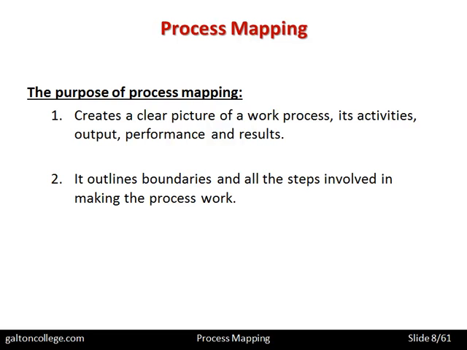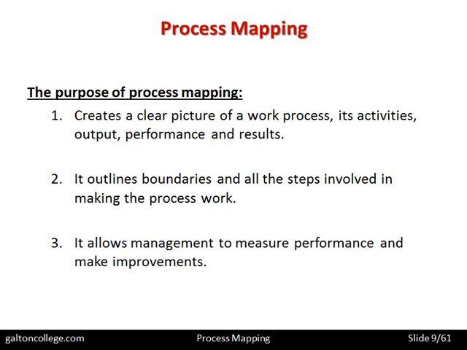So it outlines boundaries and all the steps involved in making the process work. So process mapping looks at all the boundaries of a particular activity and looks at what makes the process effective and in what ways the process can be improved. It allows management to measure performance and make improvements.